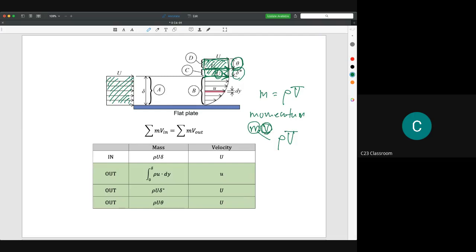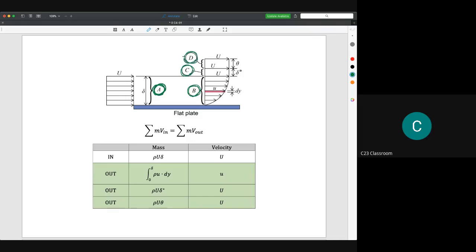And then to fulfill the conservation of mass, I think you already know that the total mass at the inlet, which is A here, is equal to the total mass at the outlet. So in this diagram, we could say that the momentum for A is equal to the momentum for B plus C plus D. I think you could do this, but I just draw a table like this.